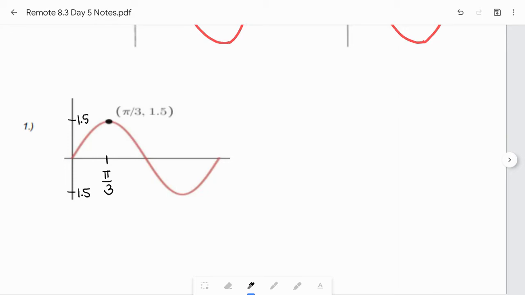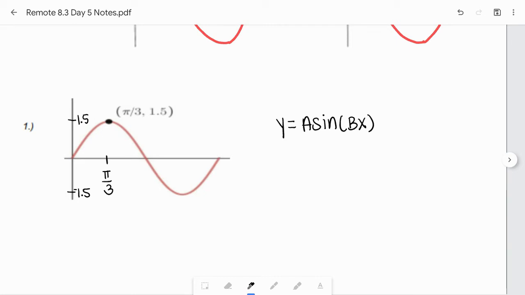So I'm reaching 1.5 and I'm going down to negative 1.5. Okay. From the looks of it, this is looking like a sine graph since we're starting at 0, 0. So I believe this is going to be in the form of y equals a sine of bx.